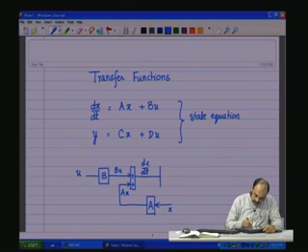This on integrating will give you x, and that x is fed back to obtain dx by dt.